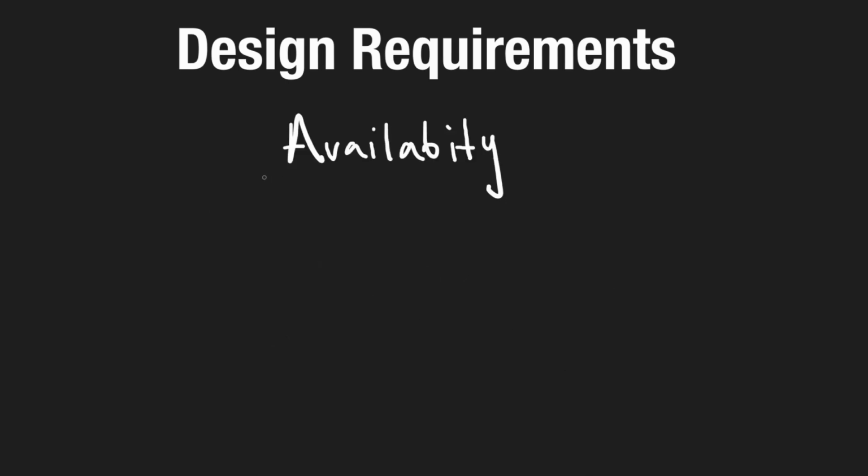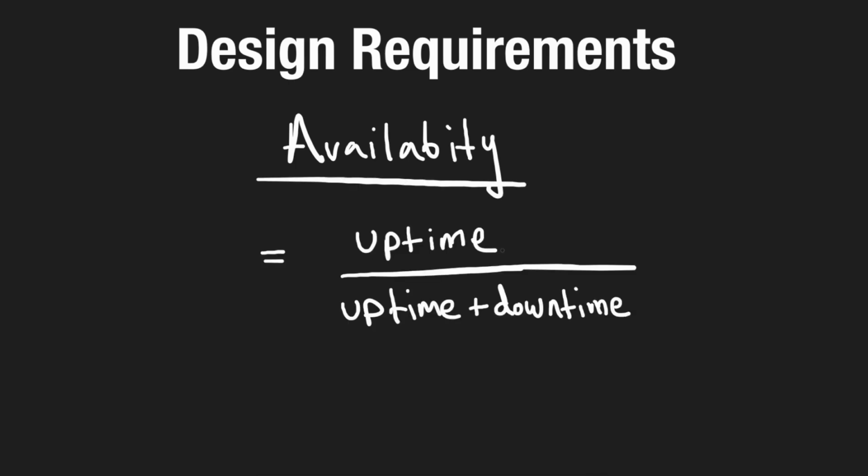Well, one very important measurement we make about a service or application is its availability. And mathematically, this could be represented as the total uptime of our server divided by the uptime plus the downtime. Or you could also rewrite the denominator to just be the total amount of time.